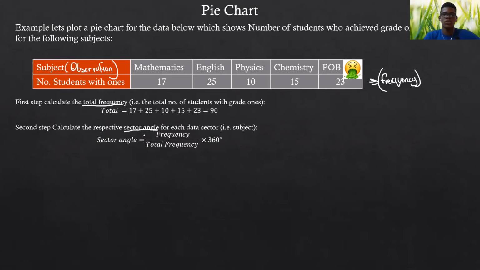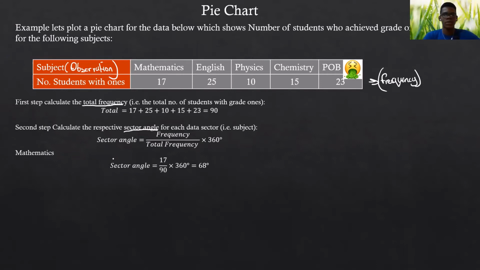And each of our subjects is a fraction of that circle, each one a slice of it. So the formula is: sector angle equals frequency divided by total frequency multiplied by 360.